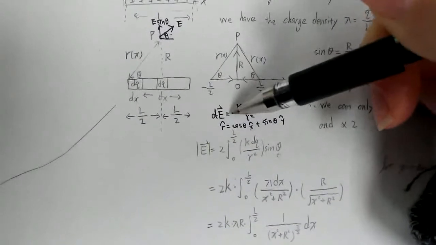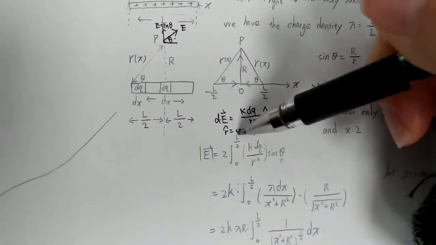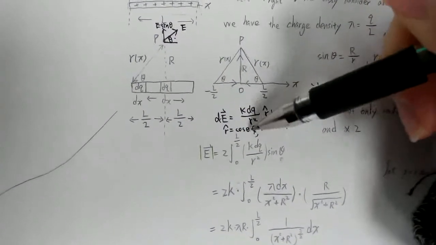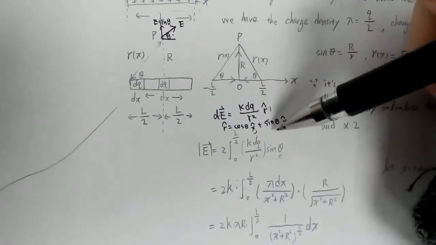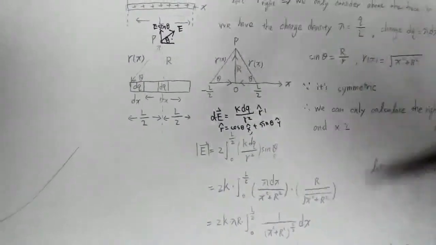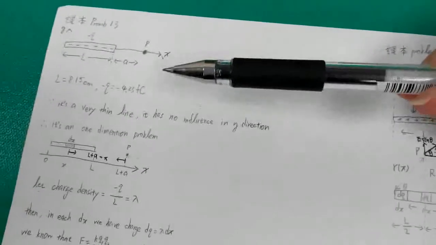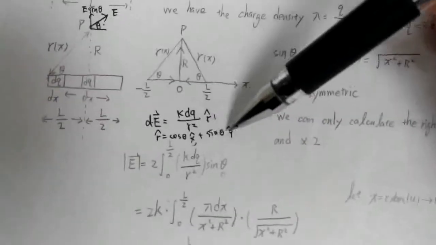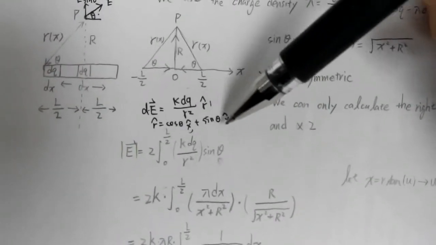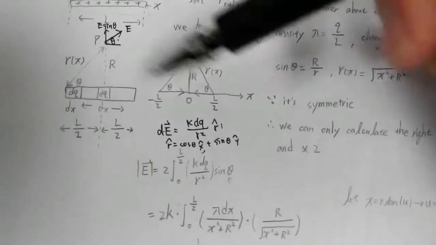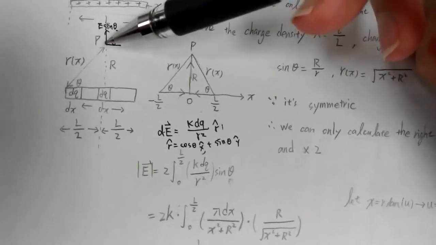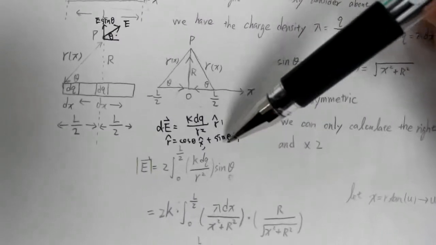So each dE you should write like this, but the cosine x vector will be cancelled out. Then it will become a 1D problem. That's why you can take off the x direction, because you already know that the final electric field will be along this direction.